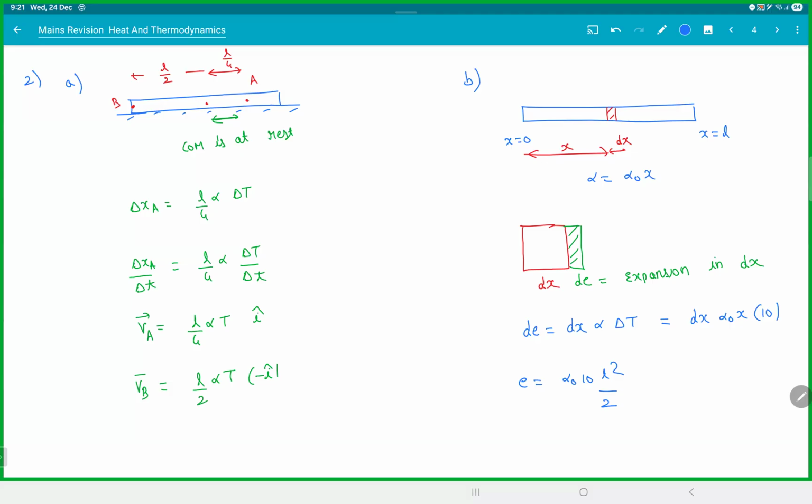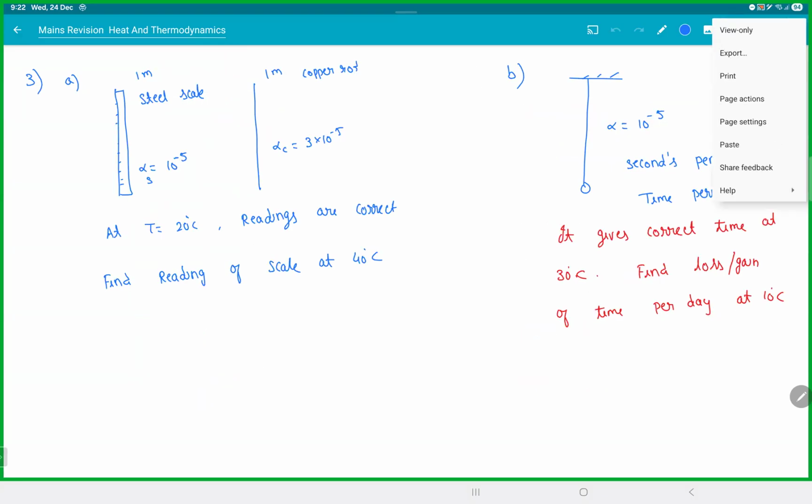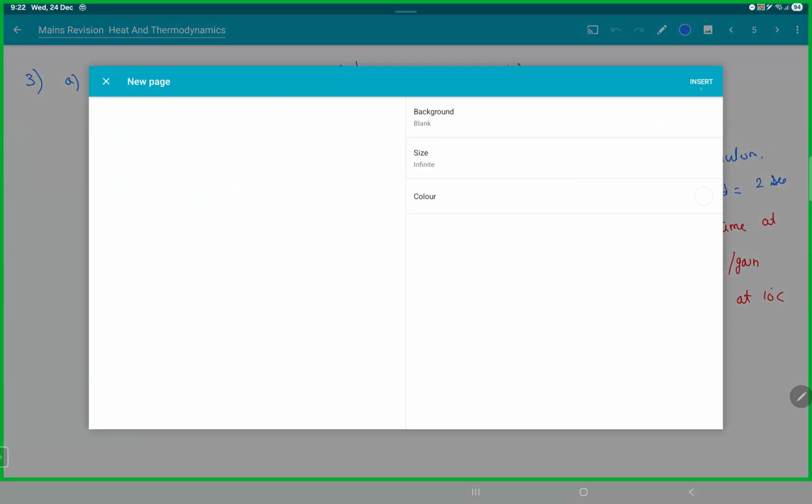Play with this. Clear? Now, before going into this, let me ask you one more.